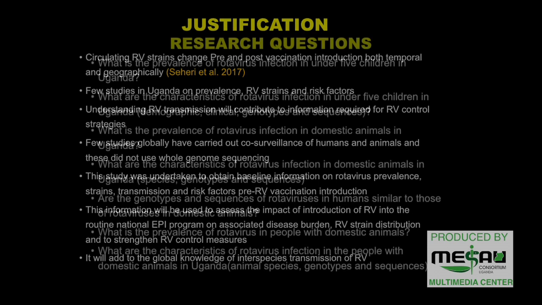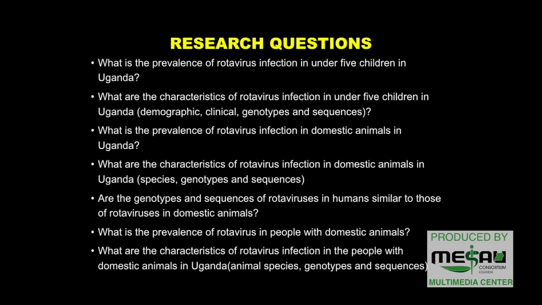What research questions did we look at? We asked: what is the prevalence of rotavirus infection in under 5 children in Uganda? What are the characteristics of rotavirus infection in under 5 children in Uganda? What is the prevalence of rotavirus infection in domestic animals in Uganda? What are the characteristics of rotavirus infection and of the animals that got this infection?